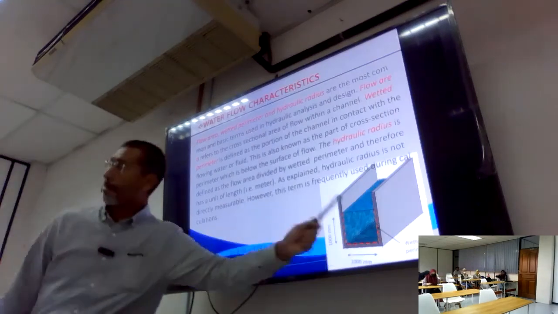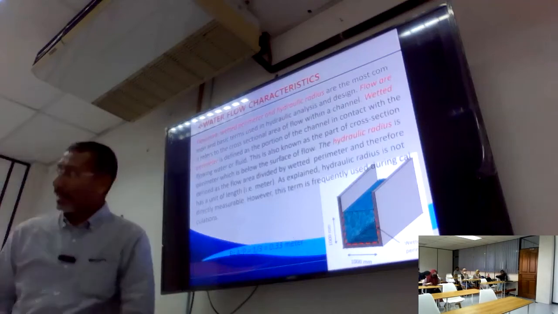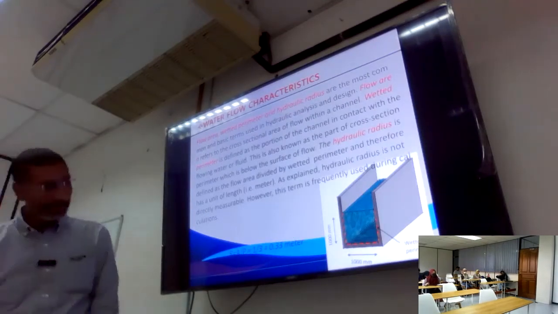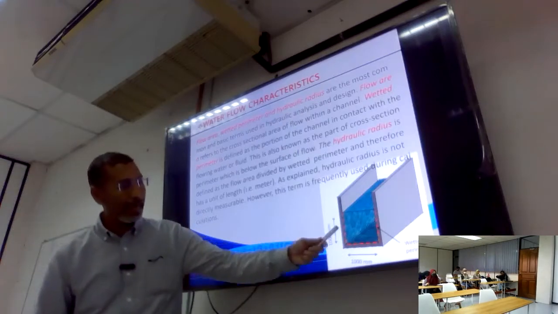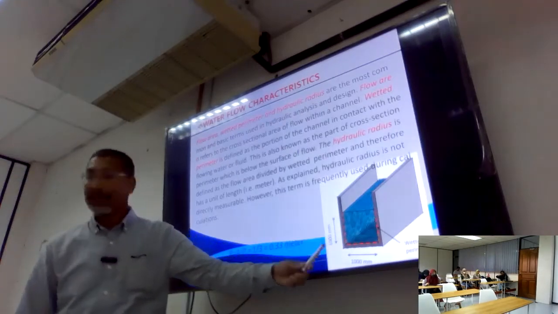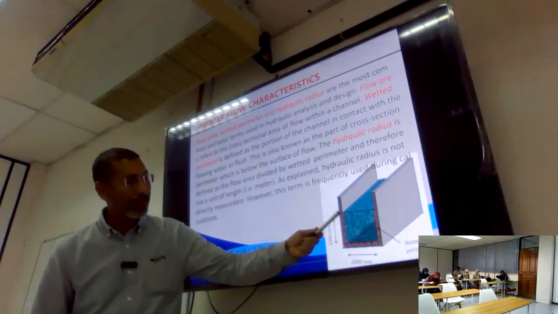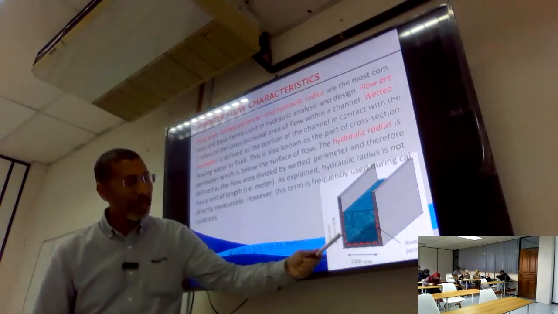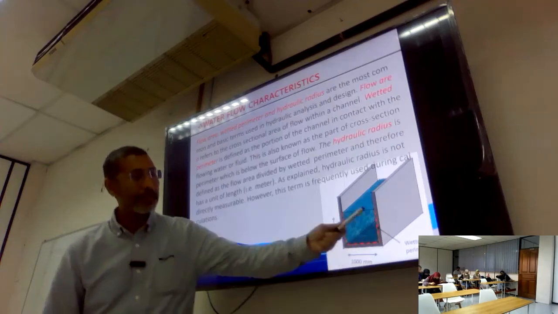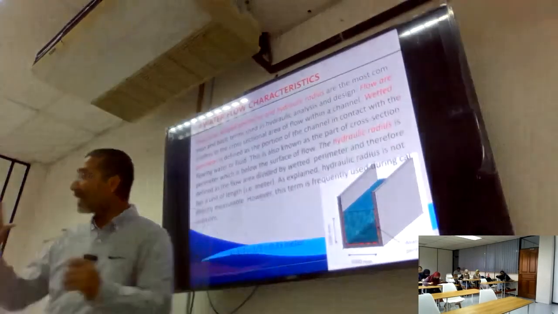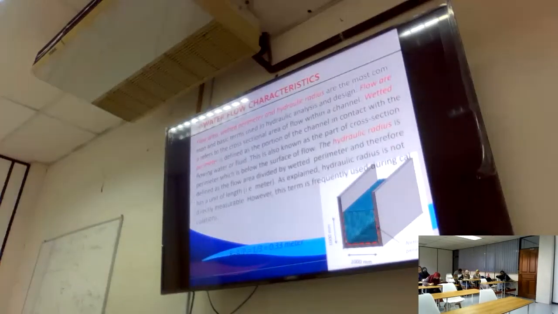Flow area, wetted perimeter. Okay, where is the wetted perimeter, or P? You see this dashed red line? The total length of this dashed red line, on the left side, on the bottom, and on the right side. Not on the surface, because this surface is not touching any structure.